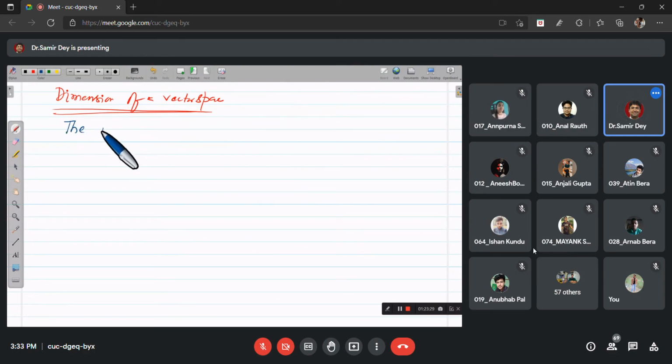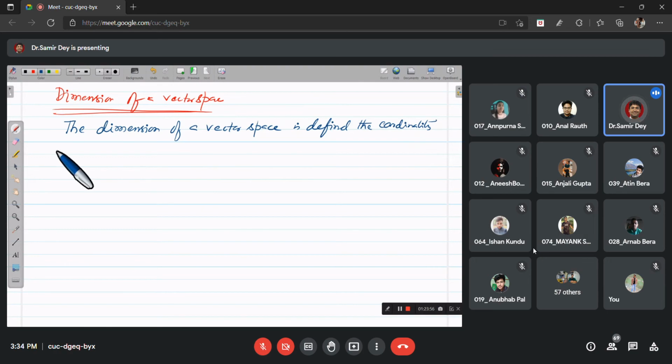The dimension of a vector space is defined as the cardinality of its basis.